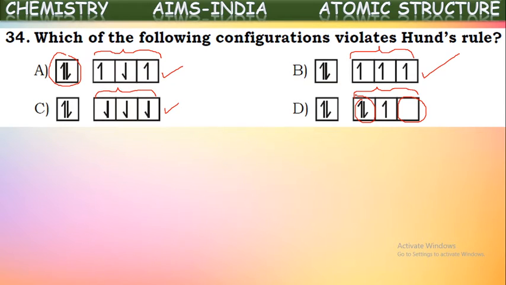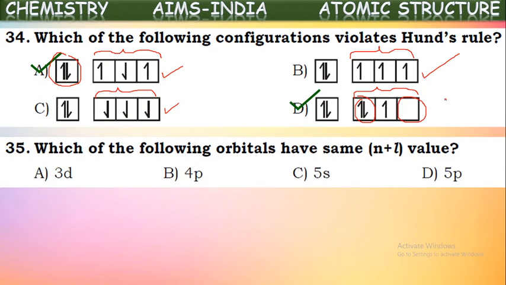According to Hund's rule, first all the degenerate orbitals should occupy a single electron. Then only pairing should take place. But here, without filling this degenerate orbital with a single electron, pairing has taken place. So this is violating Hund's rule. Okay, this is the answer.